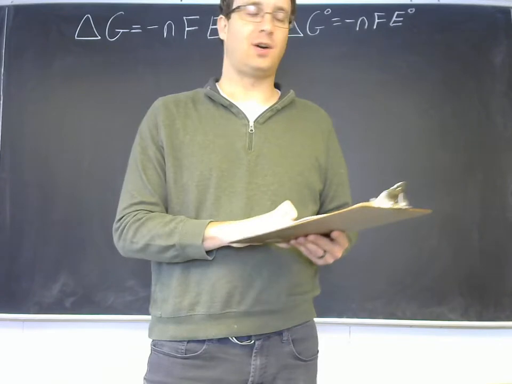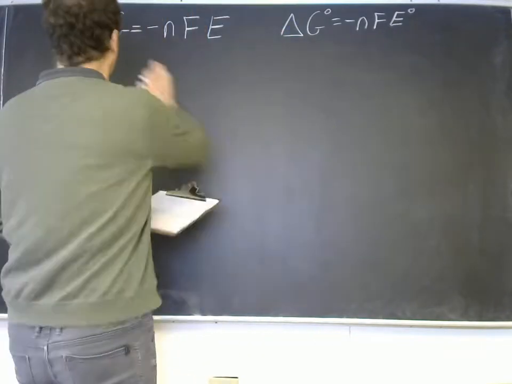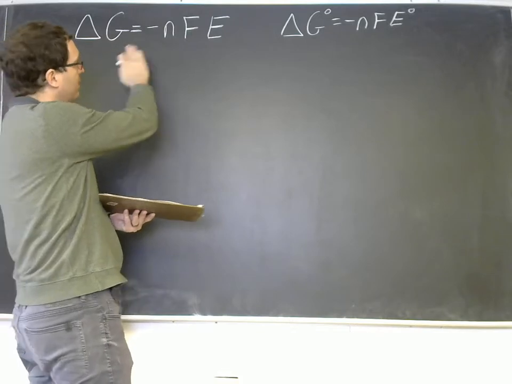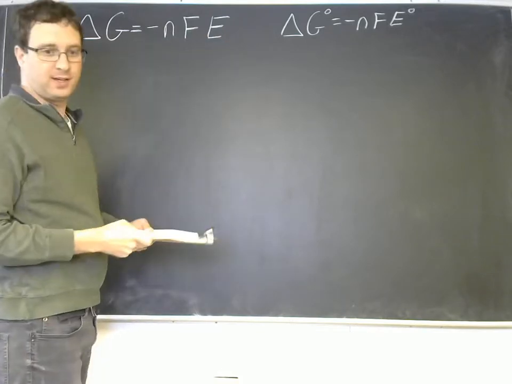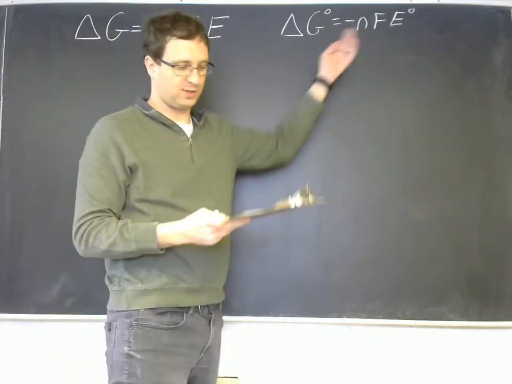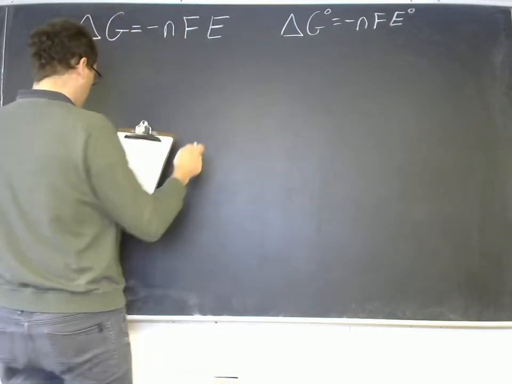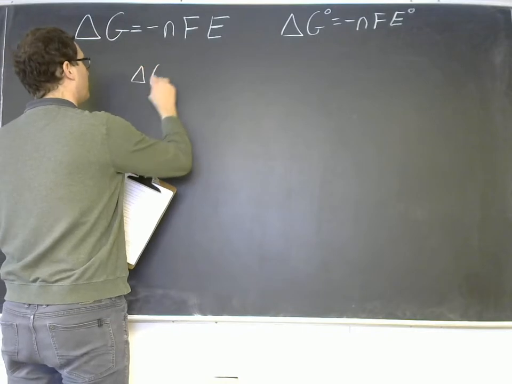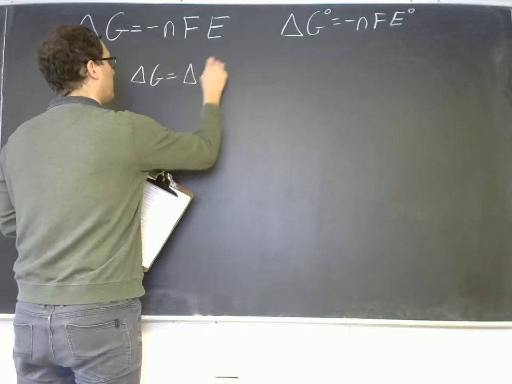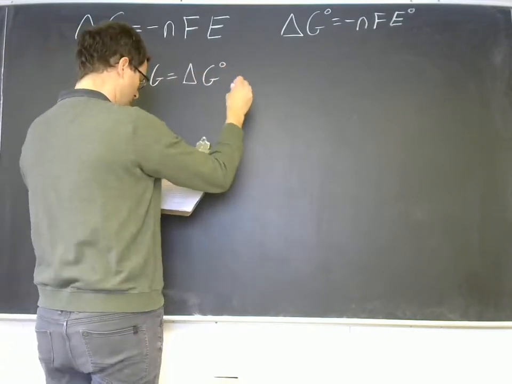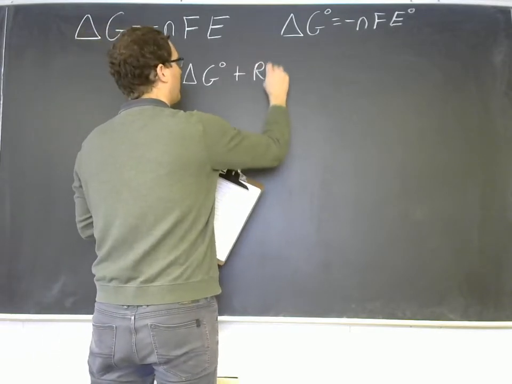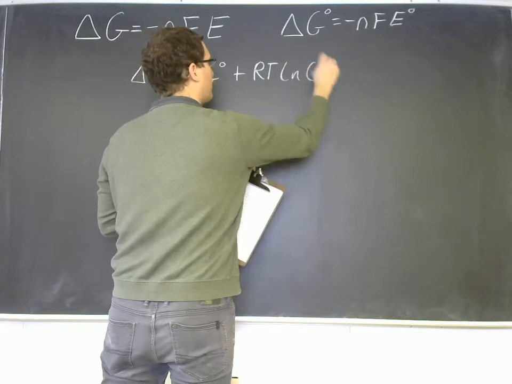So up here we've got the Gibbs energy under any conditions is equal to negative nFE, and then under standard conditions we just add the nots there. But you may remember we also have this equation, that delta G is equal to delta G naught plus RT times the natural log of Q. Q is the reaction quotient.